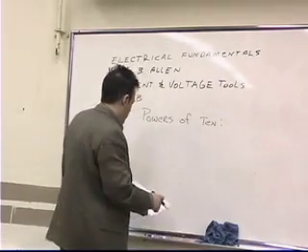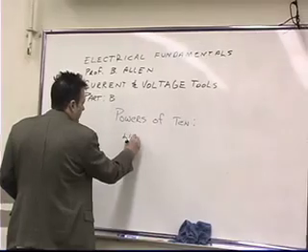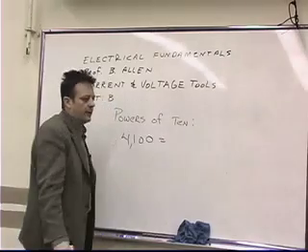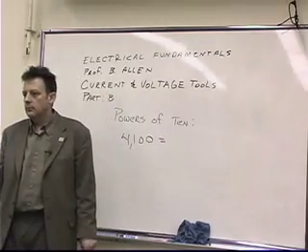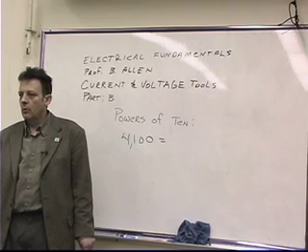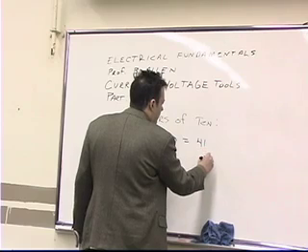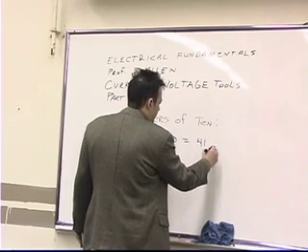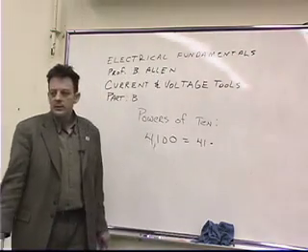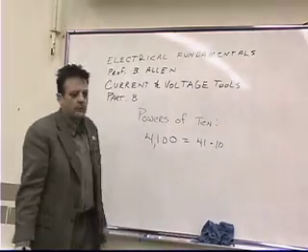Okay? So let's say that we had a number like 4,100, and we wanted to write that as a power of 10. How would we write that as a power of 10? One way that we could do it is we could write 41 multiplied, and this is one case where I'll use a dot, 41 times 10 to what power?